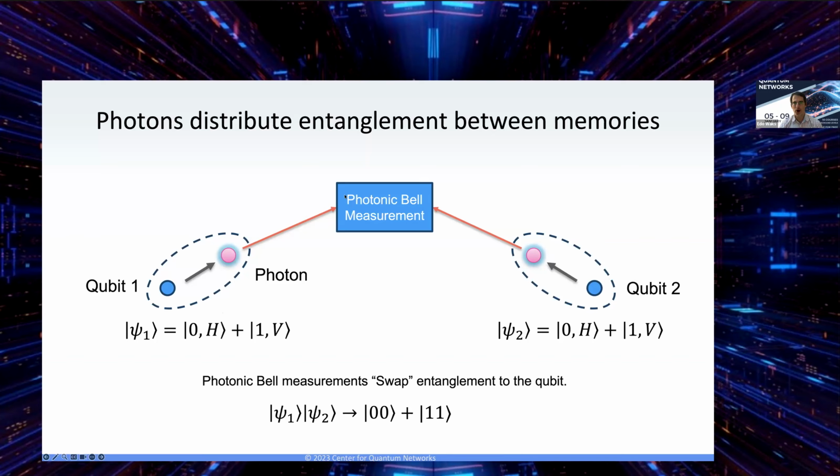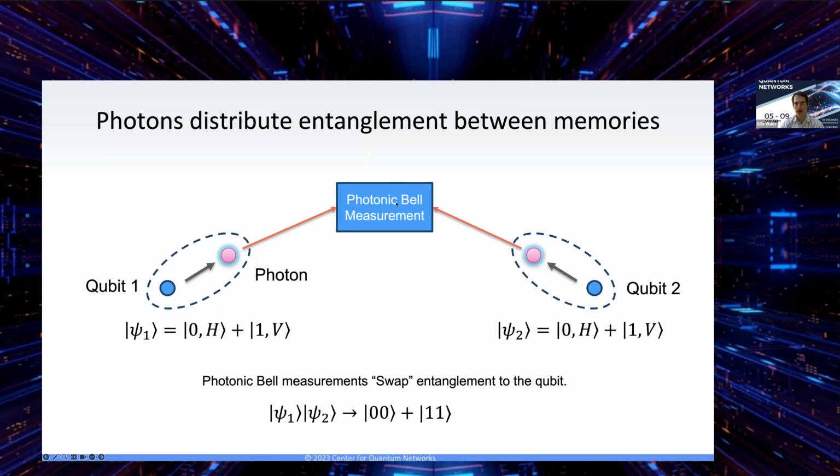These photons then propagate to a central station that performs something known as a photonic Bell measurement, which is basically a Bell measurement, just like the one I described earlier, but it's done on photons.